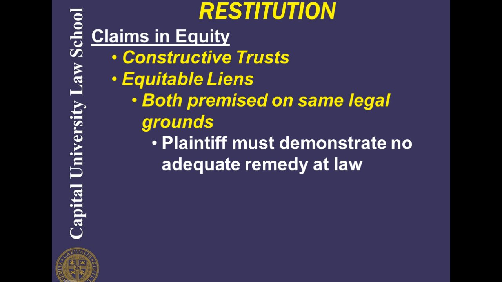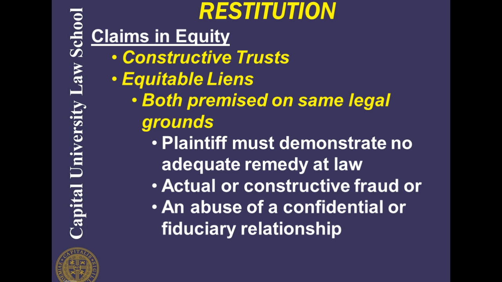The first of these, as we've seen before, is the plaintiff must demonstrate that there is no adequate remedy at law. And the cause of action in restitution in equity is generally based on actual or constructive fraud, or an abuse of a confidential or fiduciary relationship.